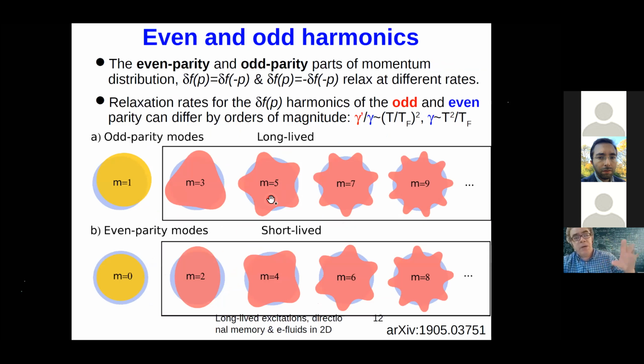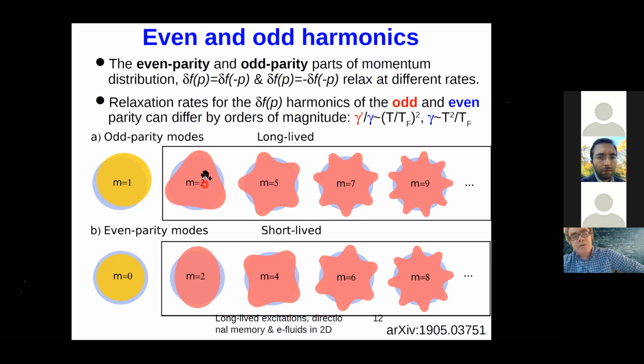And then if you make it even more precise and decompose the distribution function into cylindrical harmonics, by interpreting the distribution function geometrically as a distortion of the shape of the Fermi surface, like shown in this picture, you can introduce angular harmonics of different order.